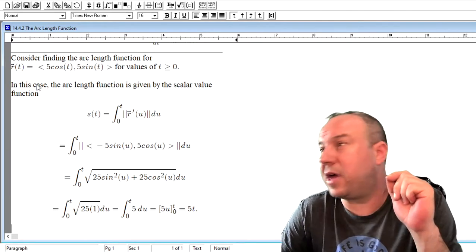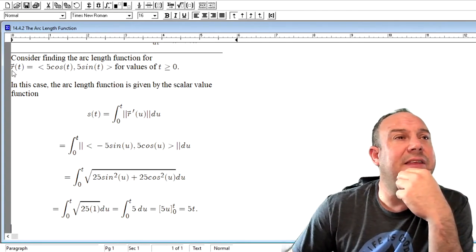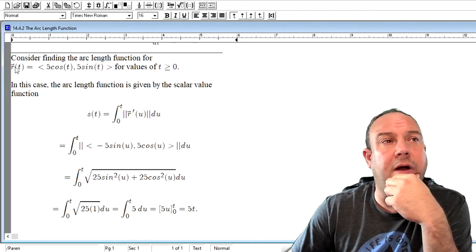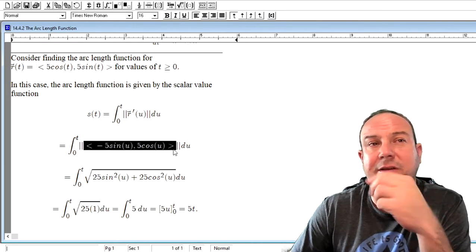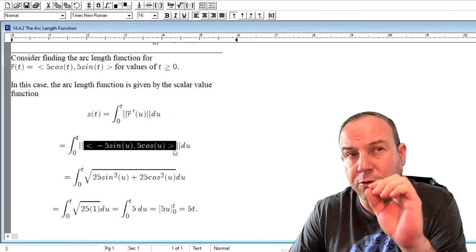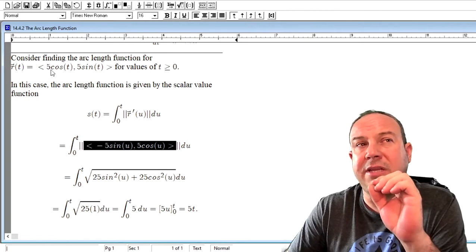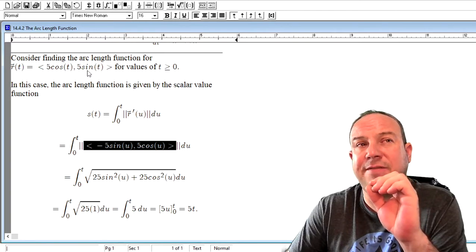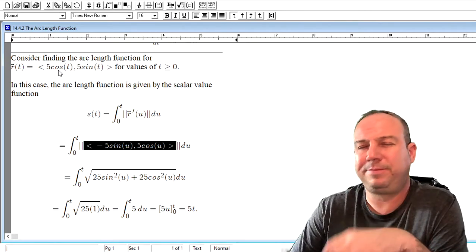I went through this rather quickly just to get it done in some regards. This is going to require the derivative of r bar of t. That is going to be given by this value here: r bar of u, r bar prime of u. The first derivative of r bar of t would be negative 5 cosine t, negative 5, or positive 5 cosine t. Back up.